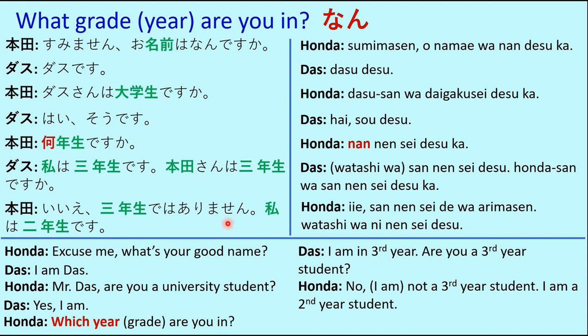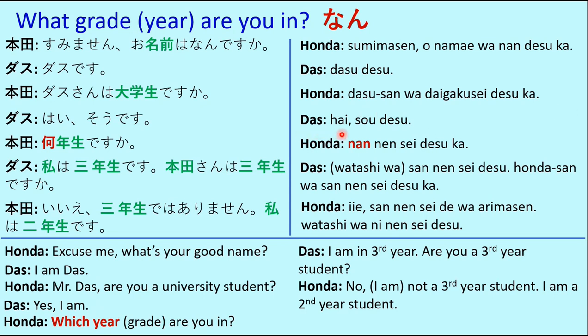In English, it may sound odd that every time Honda-san is saying Mr. Das and every time Das-san is saying Mr. Honda. It seems very formal and not easygoing. But in Japanese, this is the way it is. So, Das-san wa daigakusei desu ka means, Das-san, are you a university student?